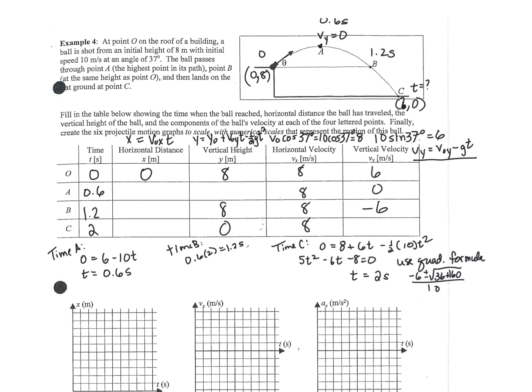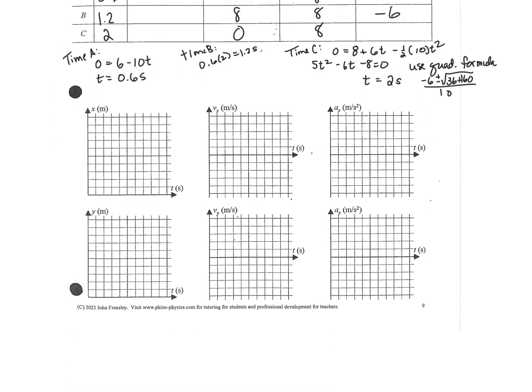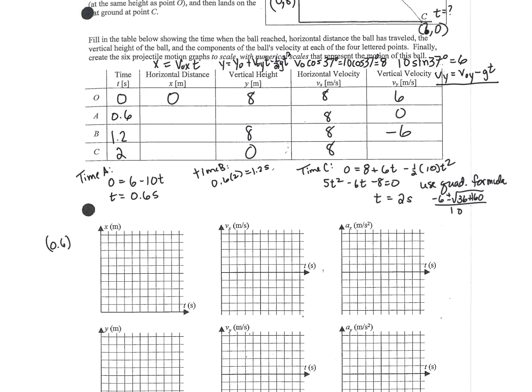And then we do, let's use this formula. Actually, I'm going to use the graphs. What do I know? It starts at position what? Well, 0.6, it's the same velocity the entire time.